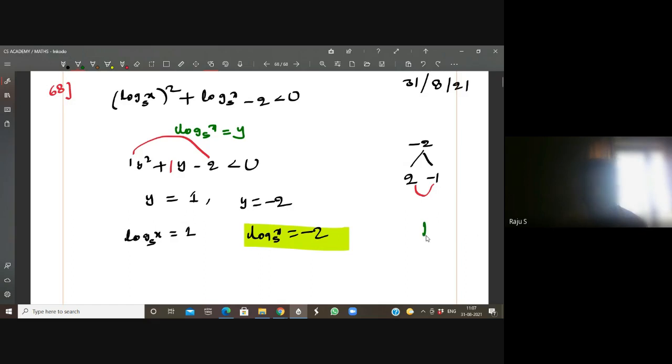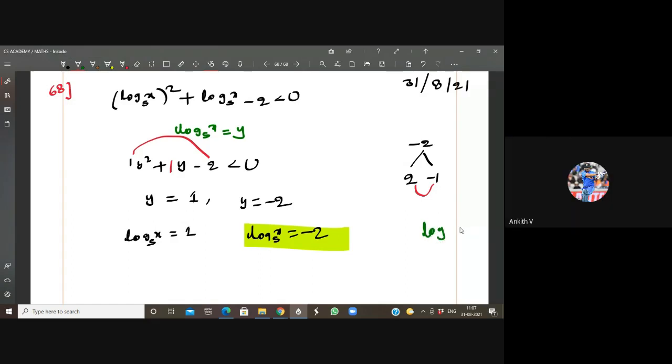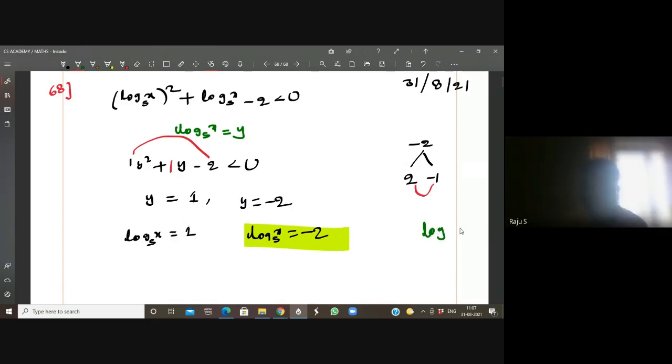Here the negative value is the output, that is the range, not the domain. So x should not be negative; the input should not be negative. The output may be a negative value.